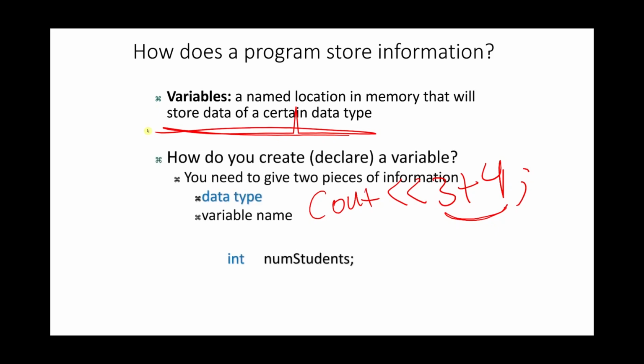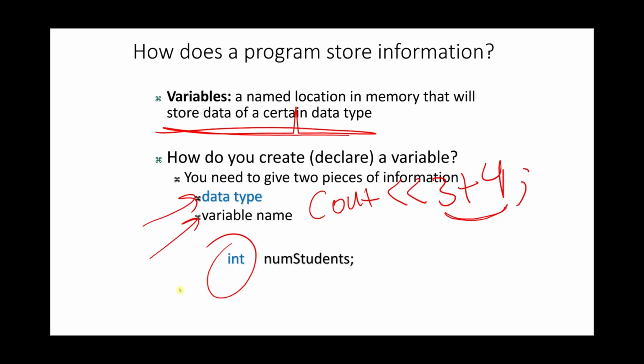So how do I create a variable? I create a variable using two things: the data type and the variable name. My data type is int, integer, which represents whole numbers. And I'm going to call my variable something.